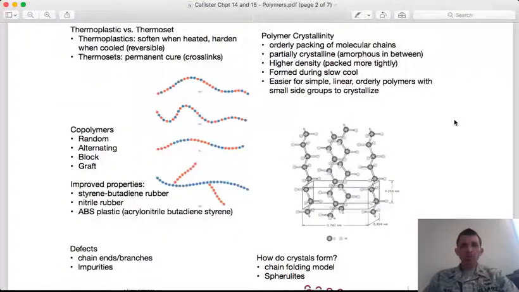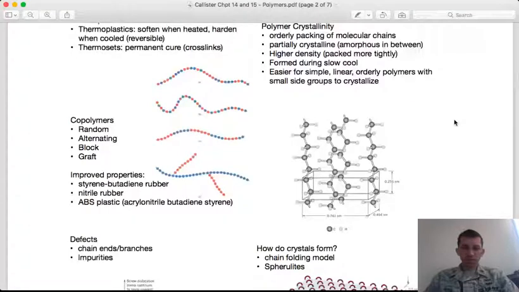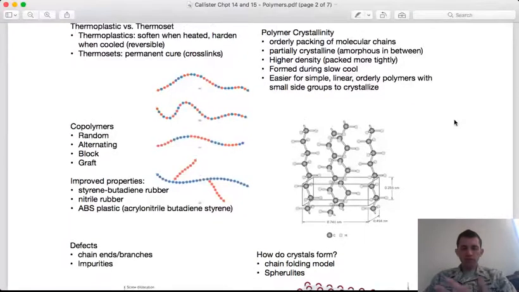forming a crystal. Here, there are a couple of differences from what we talked about with metal crystals, in that a polymer crystal is never going to be 100% crystalline, because you've got these long chains, and there will be regions where you have amorphous chains, and you really can't get around it.